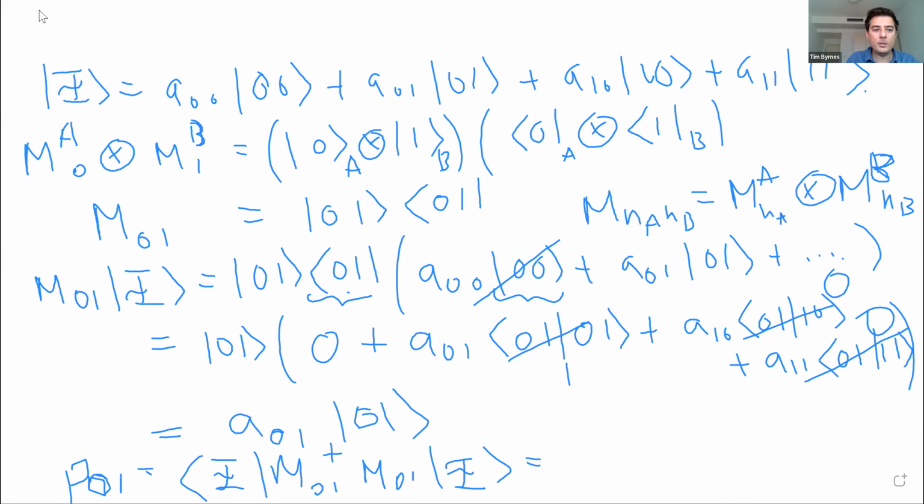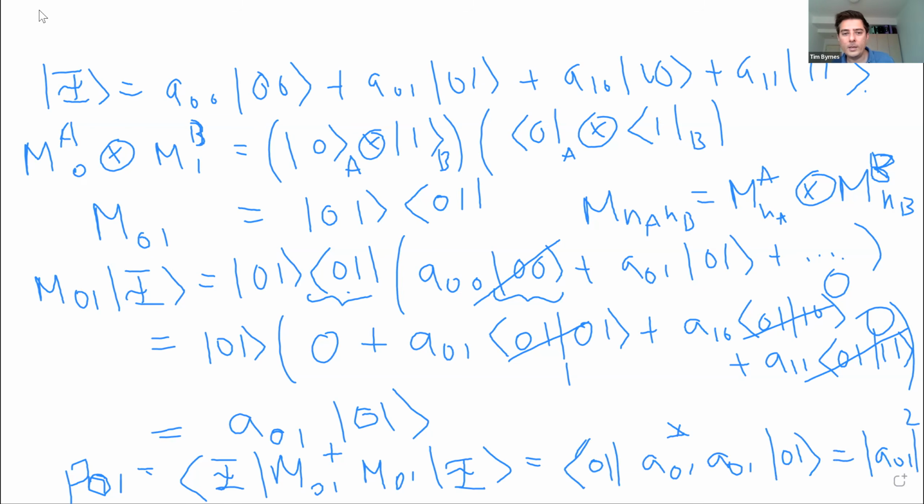So it's basically this state with the complex conjugate transpose. And this is just A01 star, sorry, modulus squared. So basically it works in exactly the same way as we're used to.